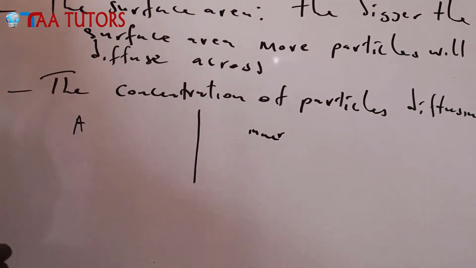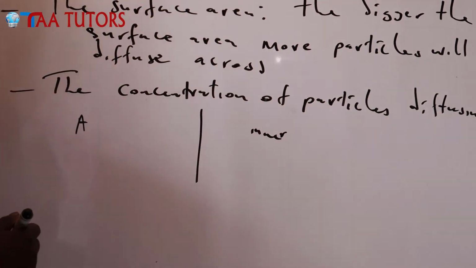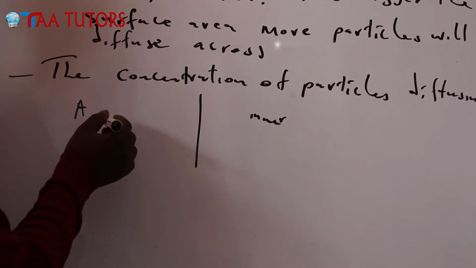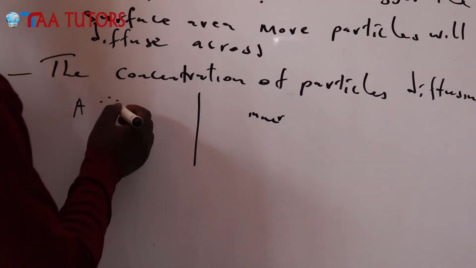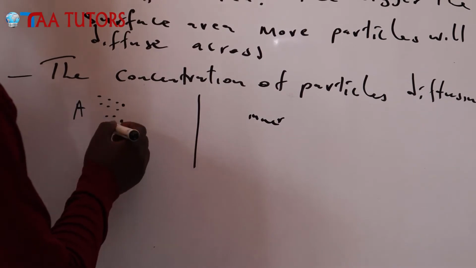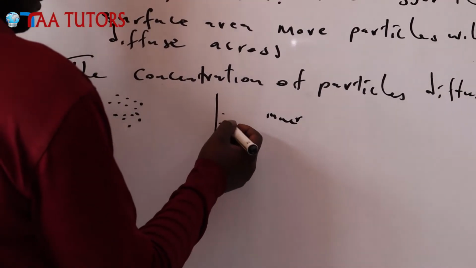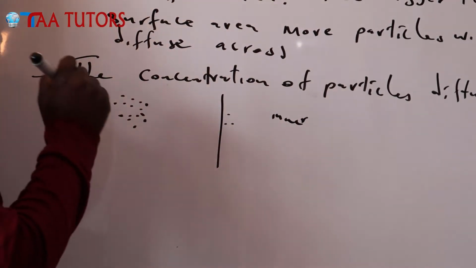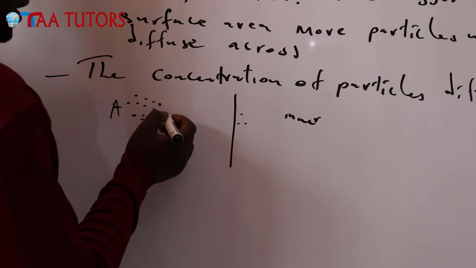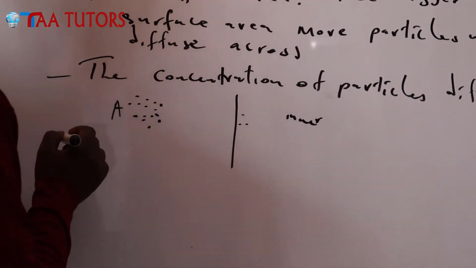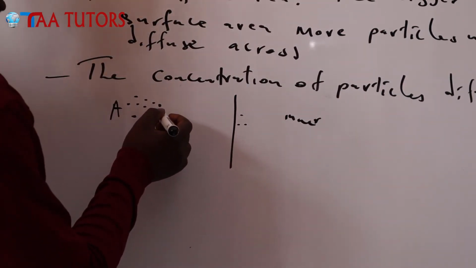Now last time when we were talking about diffusion, we saw how particles normally move. So if these are my particles moving here, first I will be looking at their numbers here, and then on the other side of the membrane. The moment there is a difference in the number of these particles, there is a chance of motion taking place.